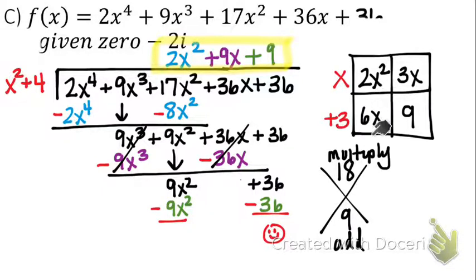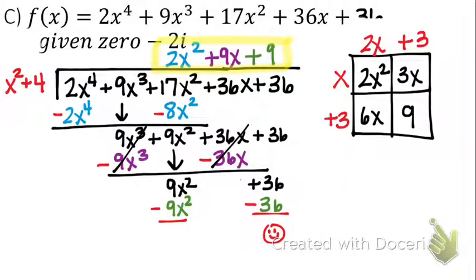And then this first column, 2x. And the second column is a 3. All right, so now let's set both of those equal to 0. So you have 2x plus 3 equals 0 and x plus 3 equals 0. Go ahead and solve both of those to get your last two solutions.